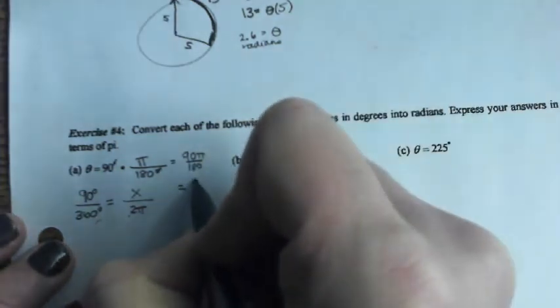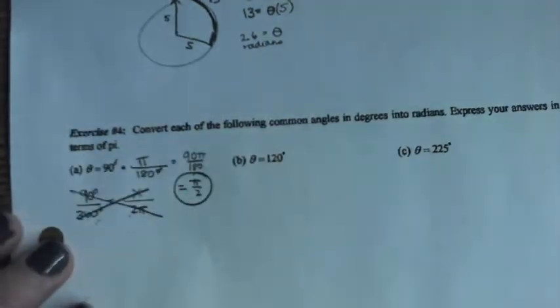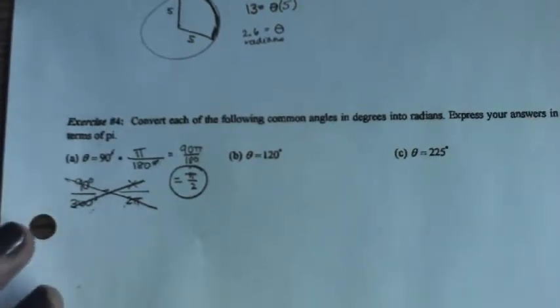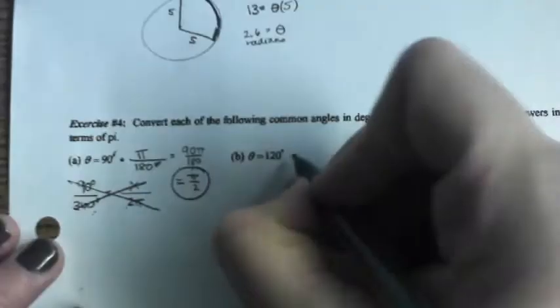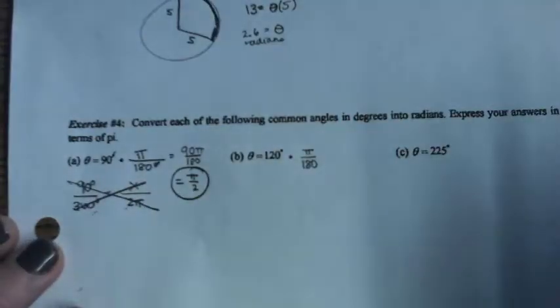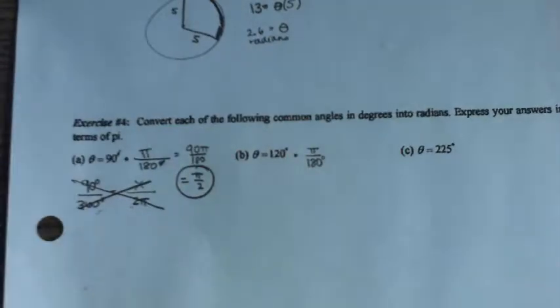So pi over 2. You probably won't use the proportion way, but it's an option. Okay, so to get out of degrees, multiply by pi over 180. Pi radians over 180 degrees. That's just the rule. Multiply by pi over 180 and reduce.